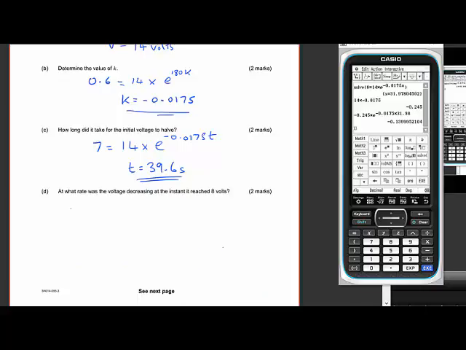Now, if that seems like a lot of work for 2 marks, that's because there is actually a quicker way of doing it. Just think about the fact that V is equal to 14 e to the kt. Let's not worry about the value of k. dV/dt is going to be 14k e to the kt, which is actually kV.